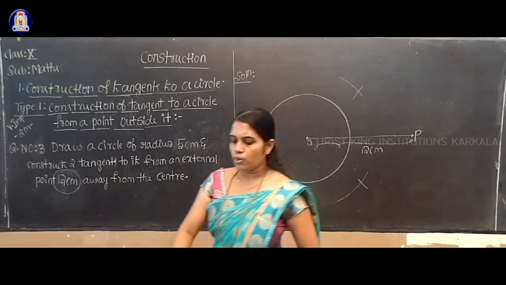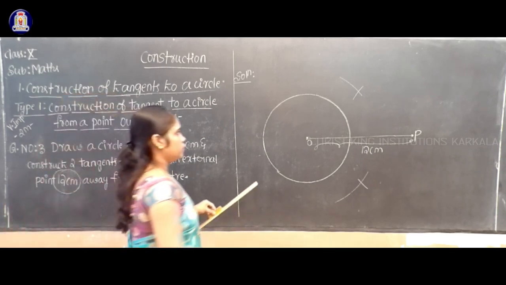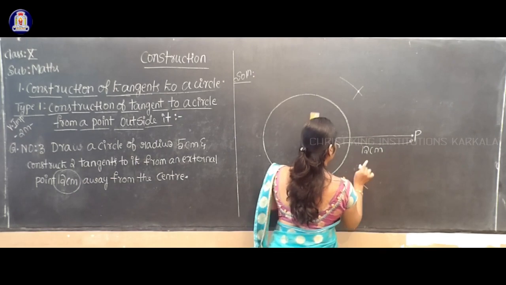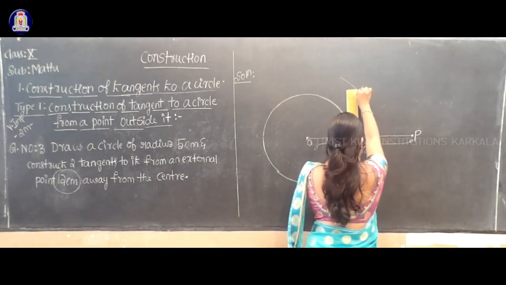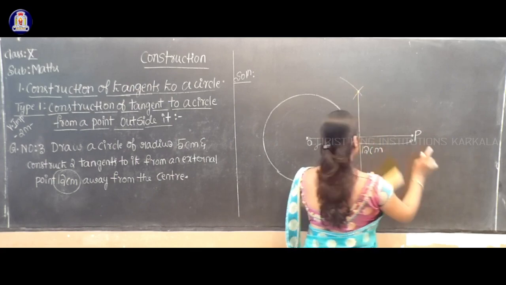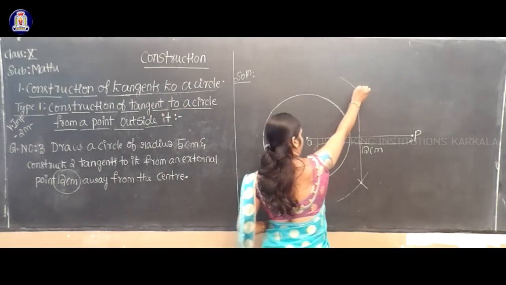Okay. So now I will join these 2 points. Yes. So now this is your perpendicular bisector.